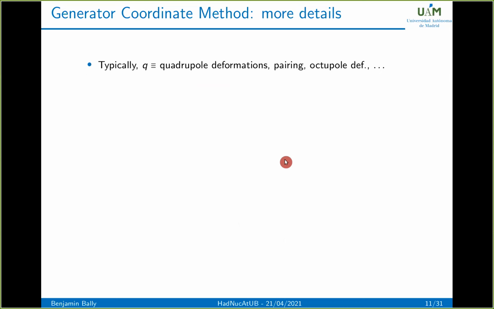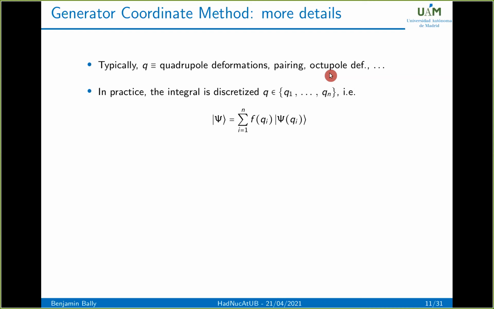Typically in nuclear structure, many calculations have been performed using the quadrupole deformation as the continuous variable, which is the most common one. Some people also use pairing, or, for example in Madrid, people have also used octupole deformations. In principle, you could add other things like the radii and so forth.